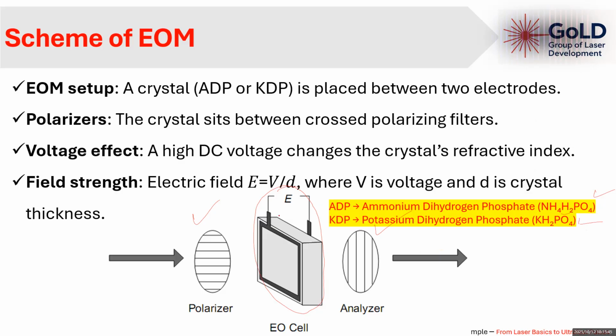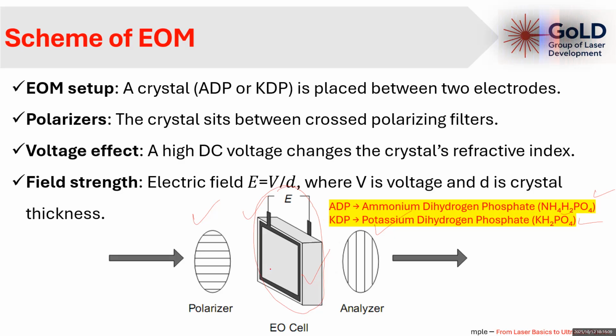These electrodes are connected to the crystal, and the electric field is applied. When the electric field is applied, the light may change its path.